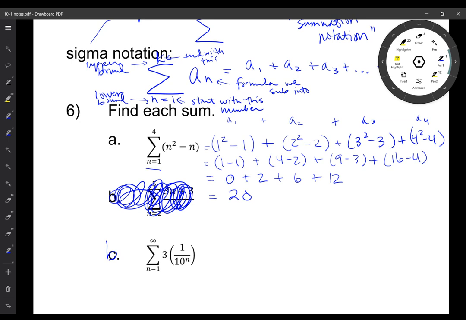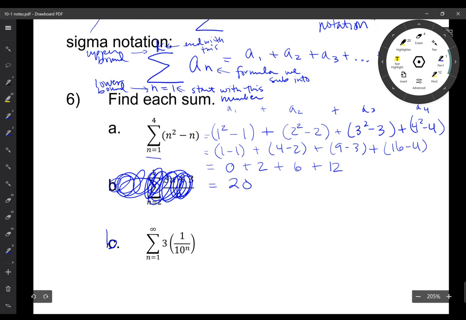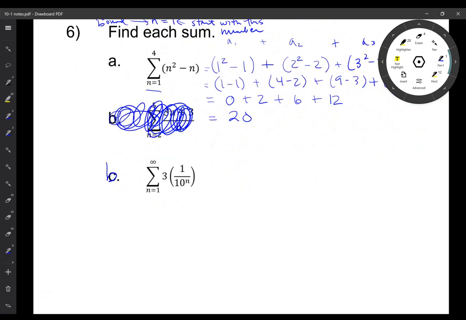So this next one goes to infinity, and that's why I wanted to do this one, just so you can get an idea of what's going on here. So I can agree that this must converge, because as my denominator, I have 10 to the nth power. That's going to get closer and closer to 0. The whole thing's going to get closer to 0. So I know that it is going to converge, so I should be able to find this.